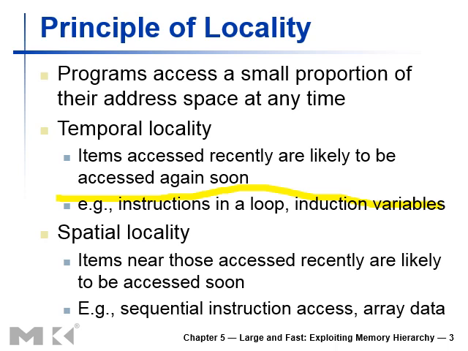Items that are near to each other are likely to be accessed soon. For example, sequential data access or accessing data from an array. This is an example of spatial locality. We can say with spatial locality that items near recently accessed items are going to be accessed soon.